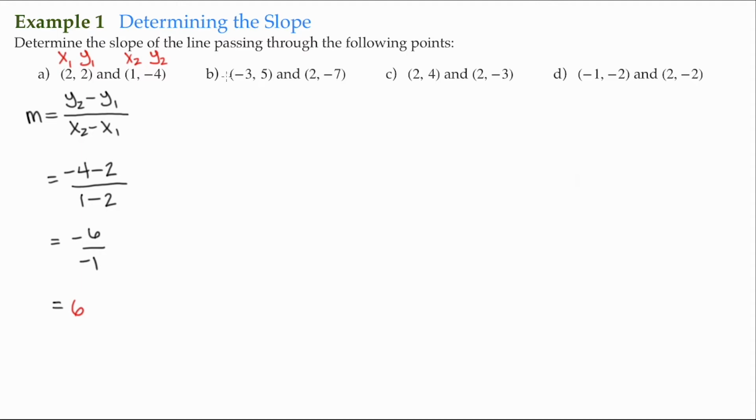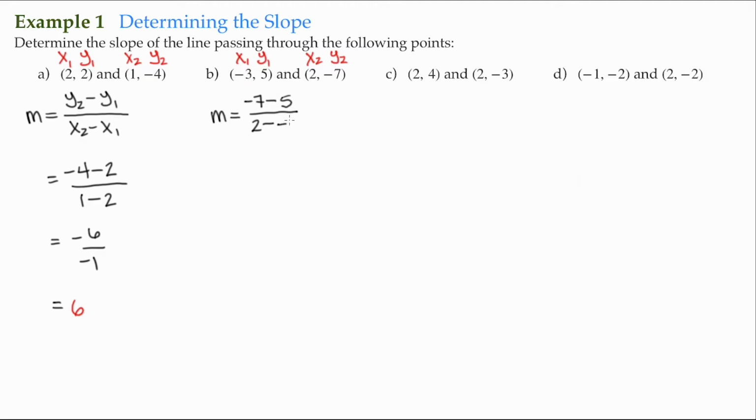So again, we have this ordered pair here, negative 3, 5, and then we have 2, negative 7. A line passing through these 2 points, we're going to determine its slope. So if I label this as x sub 1, y sub 1, x sub 2, y sub 2, then we will have m is equal to y sub 2, which is negative 7, minus y sub 1, which is 5, over x sub 2, which is 2, minus x sub 1, which is negative 3.